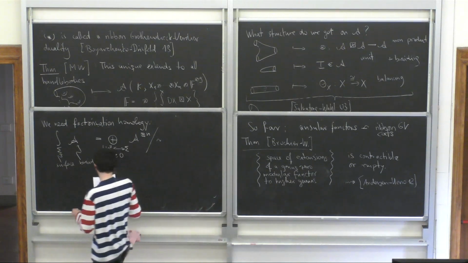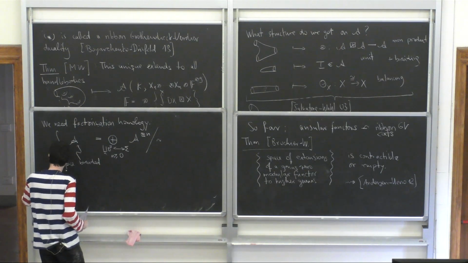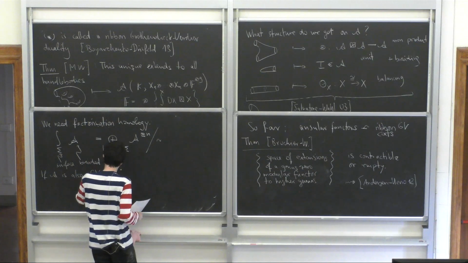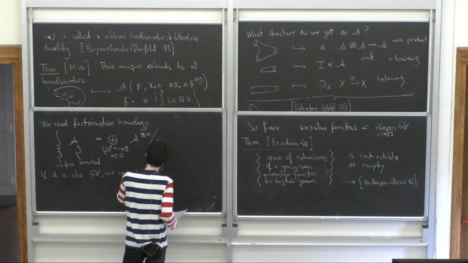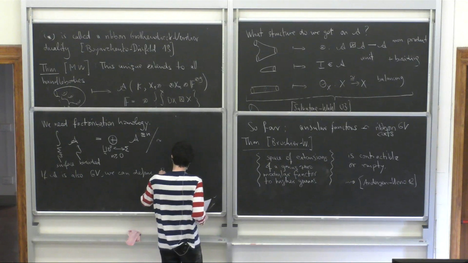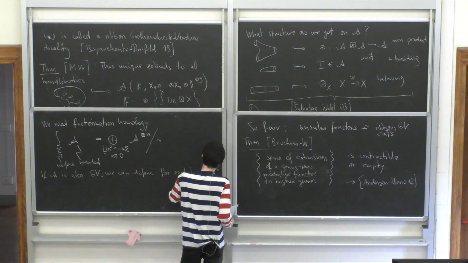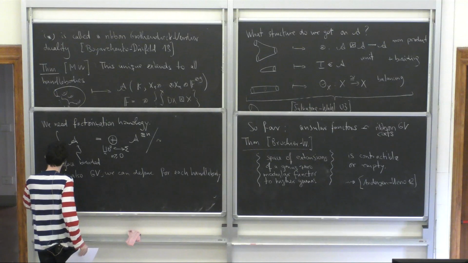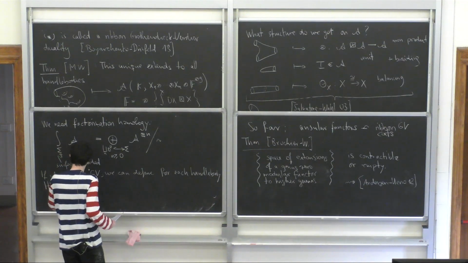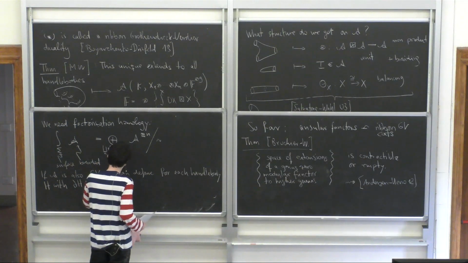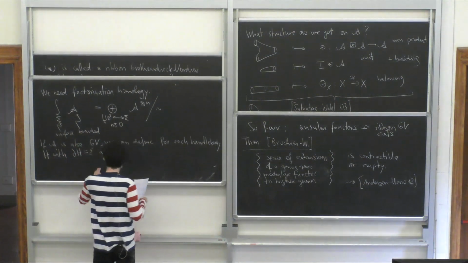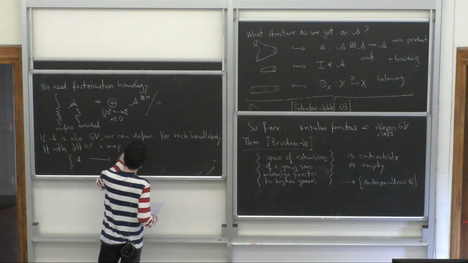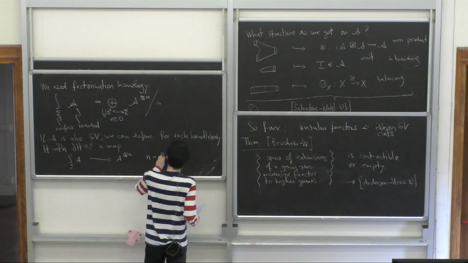And so if A is also Grothendieck-Verdier, we can define, for each handle body H with boundary sigma, a map from the factorization homology of that surface to A to the n, where n is the number of boundary components.